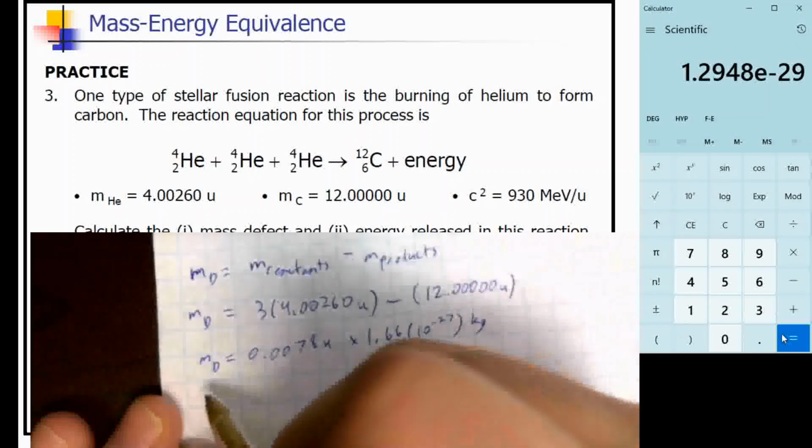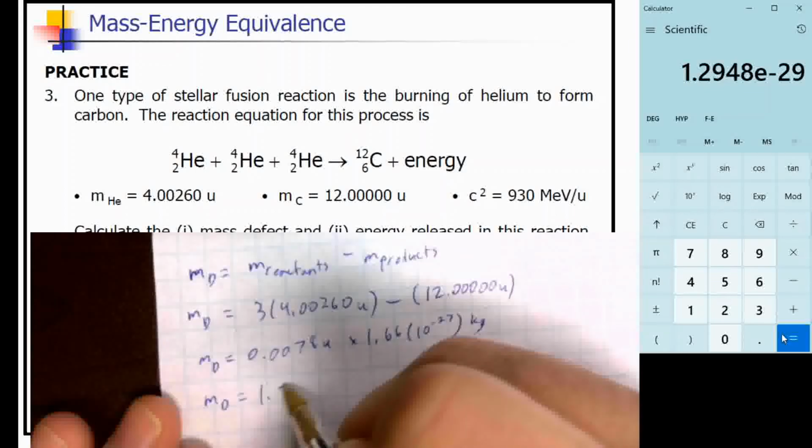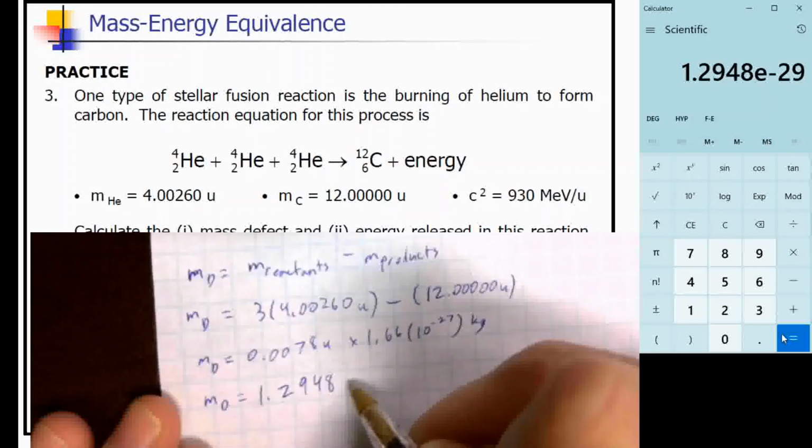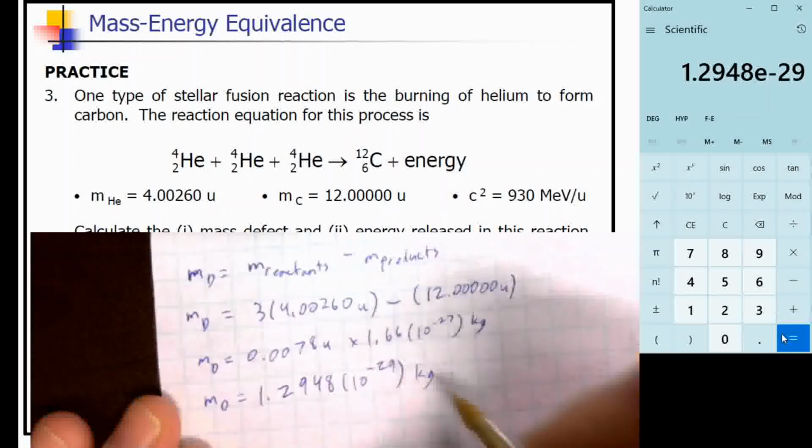And I'm left with an MD of 1.2948 times 10 to the negative 29 kilograms.